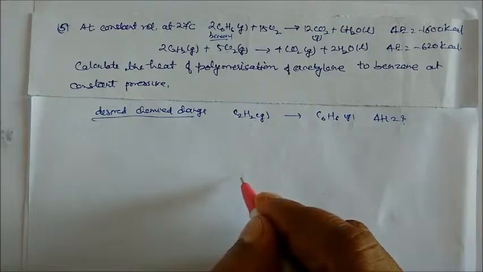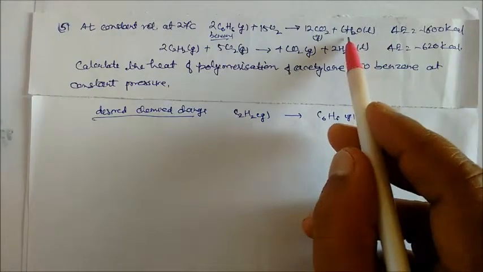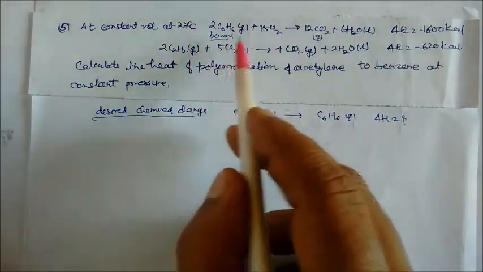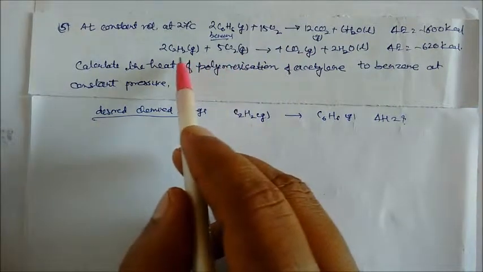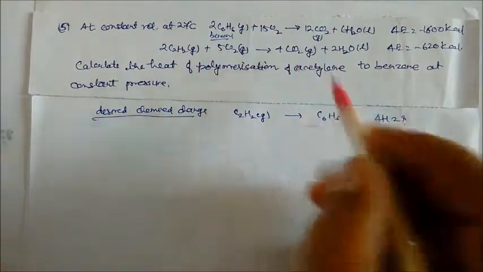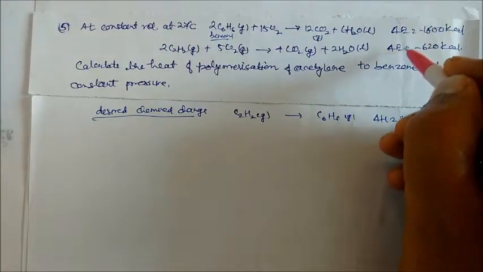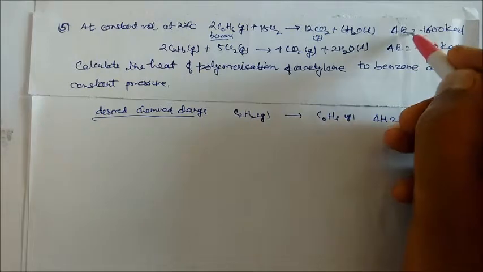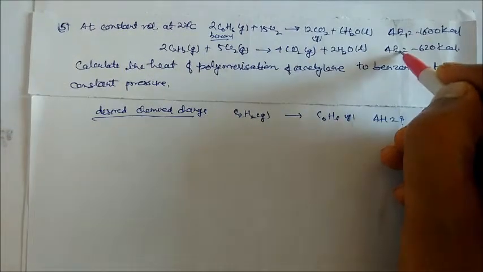So we can see here the internal energy for the first equation is for the combustion of benzene, so ΔE1, and the combustion of acetylene is this one. Suppose this is enthalpy 1 and this is enthalpy 2.